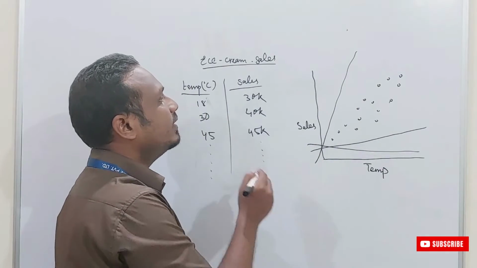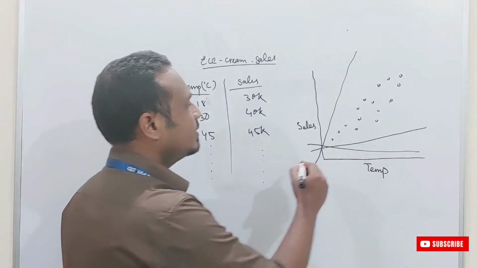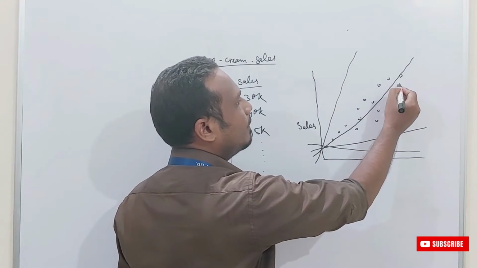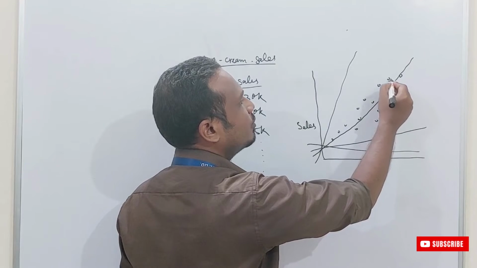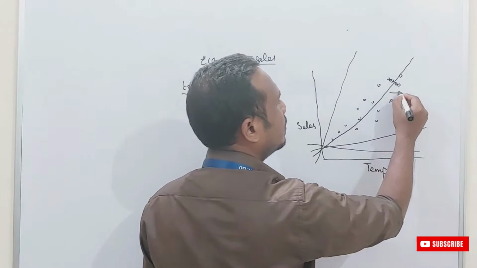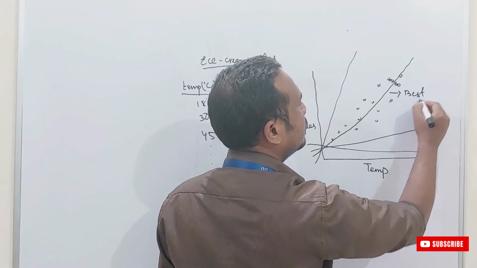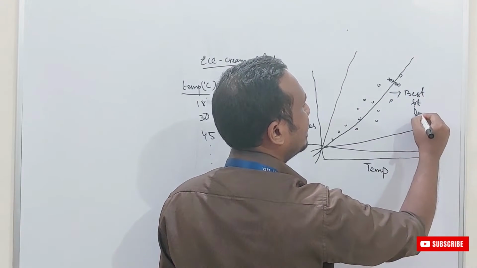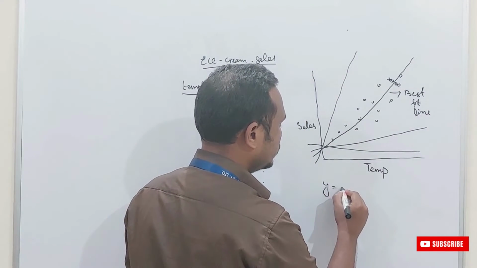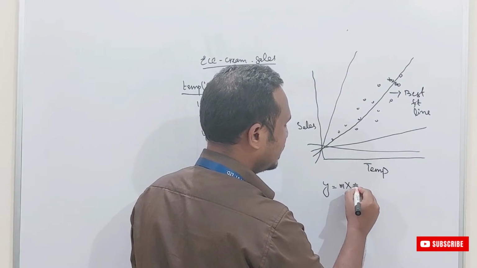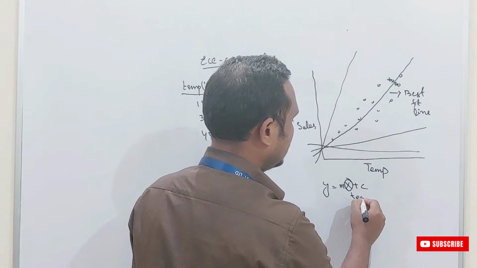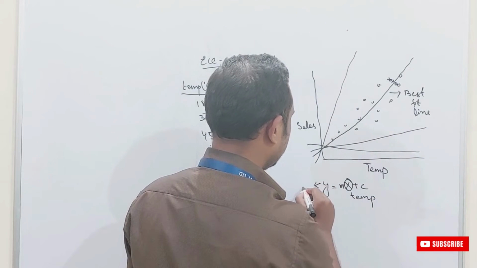But what linear regression suggests is there is a best fit line which is equidistant from the data points. This is called our best fit line. And the equation goes by this: y equals mx plus c, where x is the temperature and y is the sales.